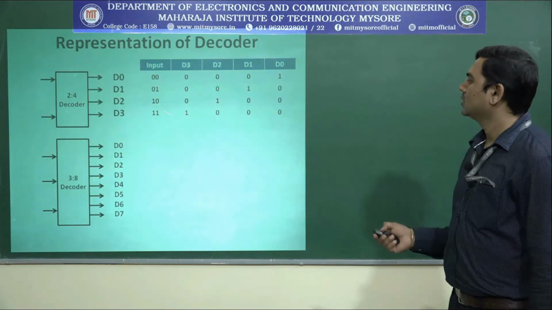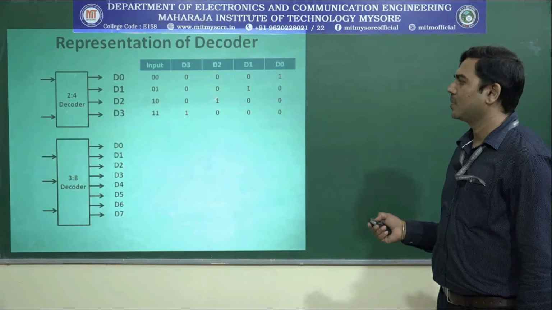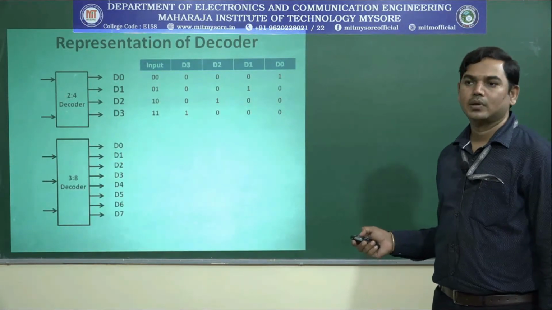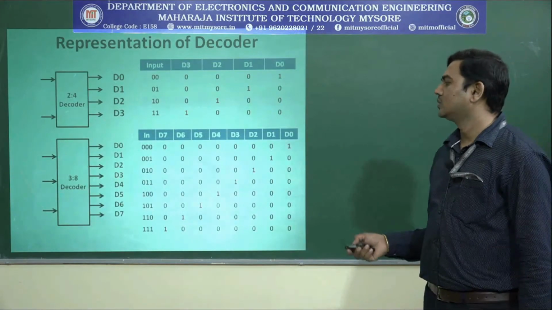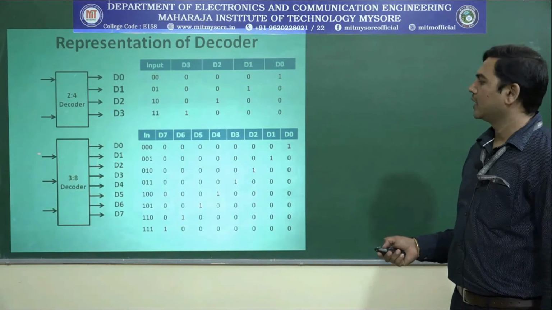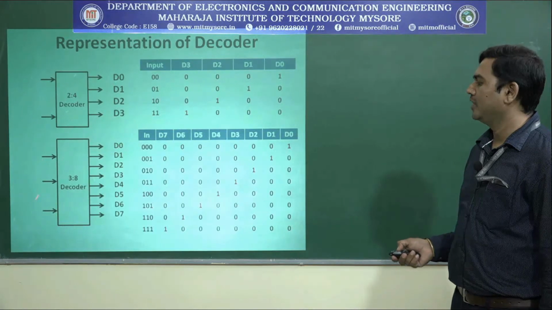So, this truth table or the functional table explains how this 2:4 line decoder works. Similarly, you can write it for a 3:8 line decoder also. So, there are 3 input lines 1, 2, 3, or you can call them A, B and C also.